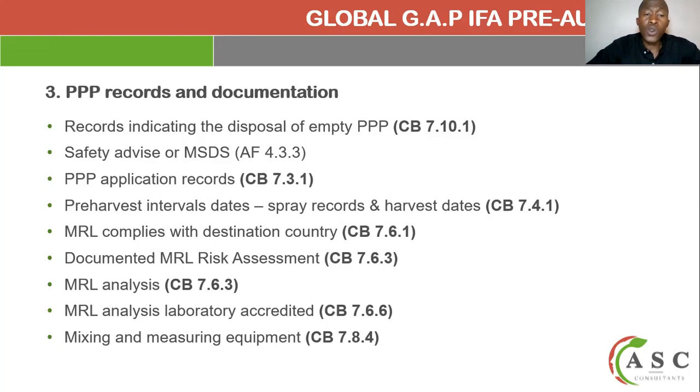Then there should be a documented MRL risk assessment. By the way, MRL stands for maximum residue limit, which means before the fruit is released for sale to the consumers, it has to go for testing.